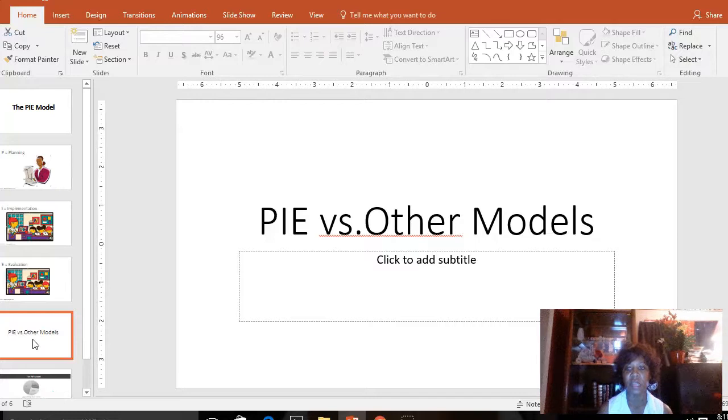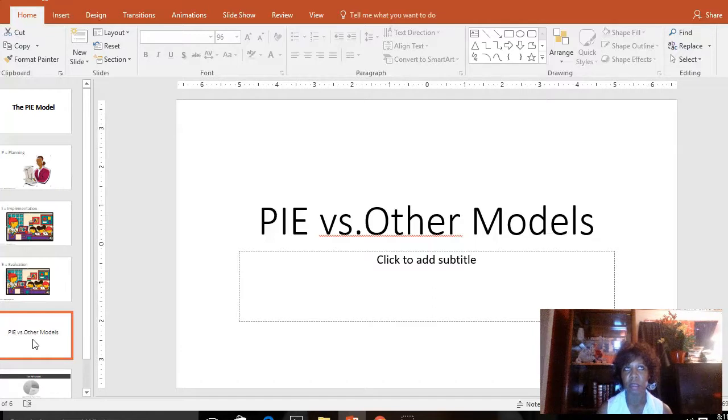More than anything, I'd like to say that the PI model is flexible because the teacher can adjust it right then and there while she's evaluating the students and watching how they react to it. She can adjust the learning, the technological activities can be adjusted right then and there. So that's one of the key features of the PI model. With the other 2 models, that's not necessarily the case.